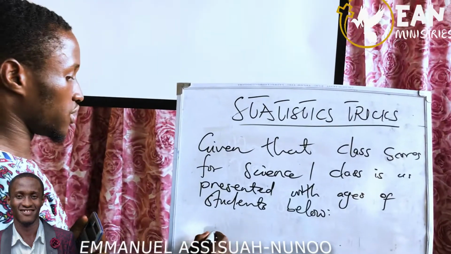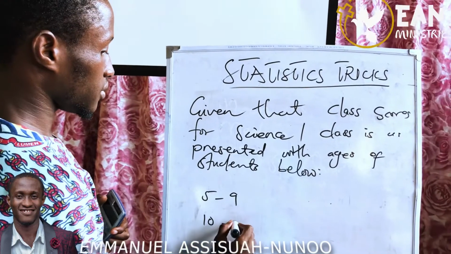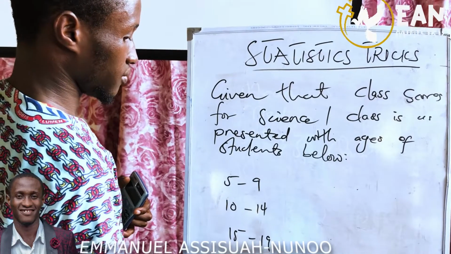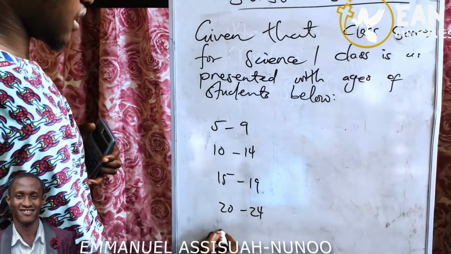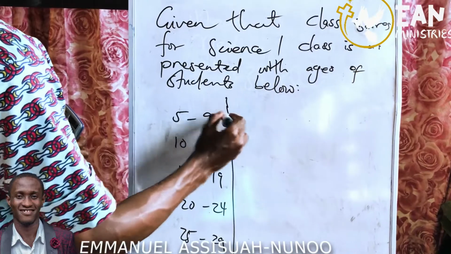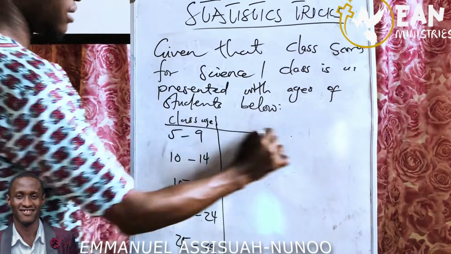So I'm going to use 5 to 9, then 10 to 14, then 15 to 19, 20 to 24, then I'll add 25 to 29. So I may say this is the class age, and I may give frequency.